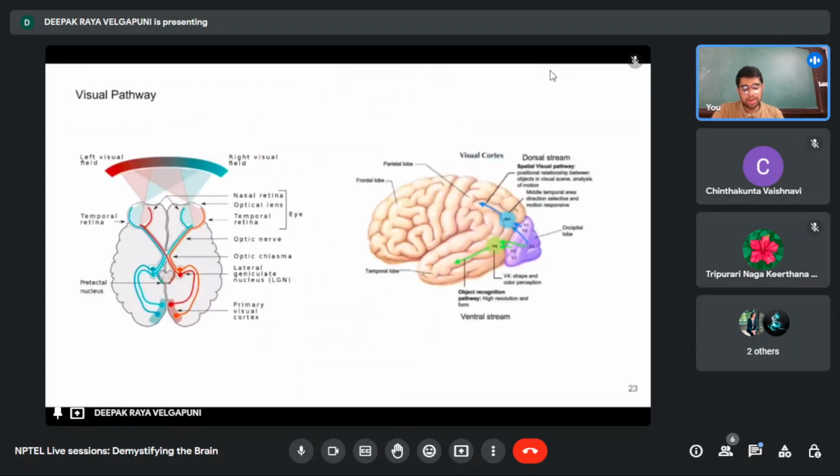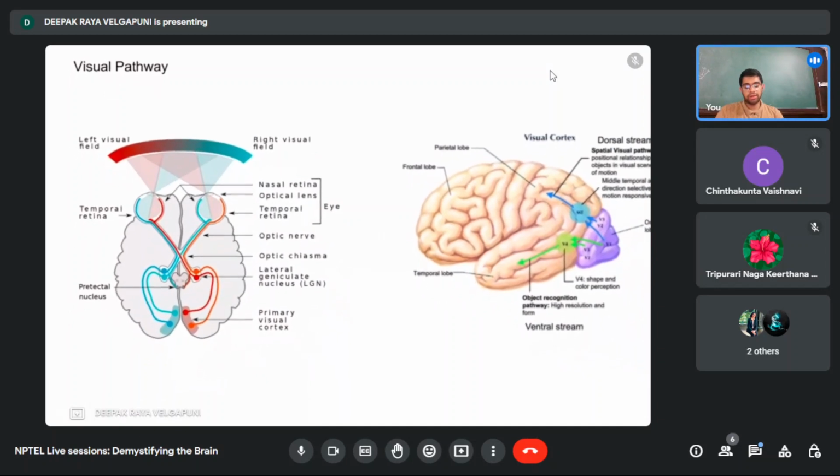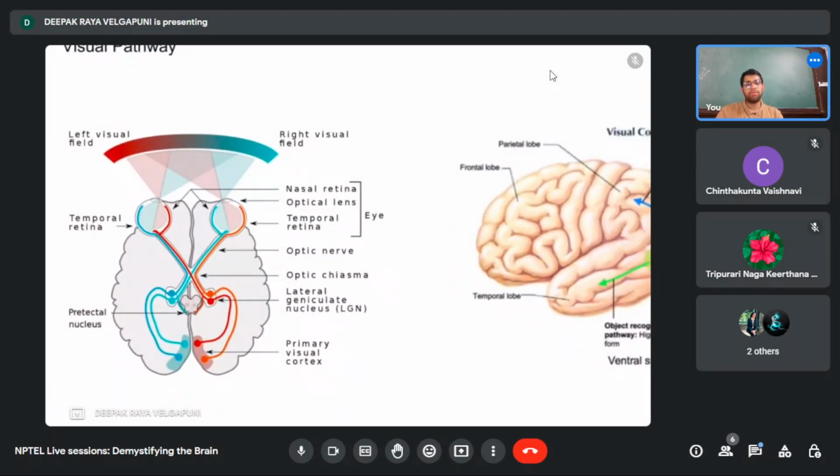So these are various pathways, and there is the visual pathway. The visual system is also organized bilaterally, where left hemifield projects onto right hemisphere and right hemifield projects onto left hemisphere. I mean hemifield in the sense of half of the visual field that you see in the real world.